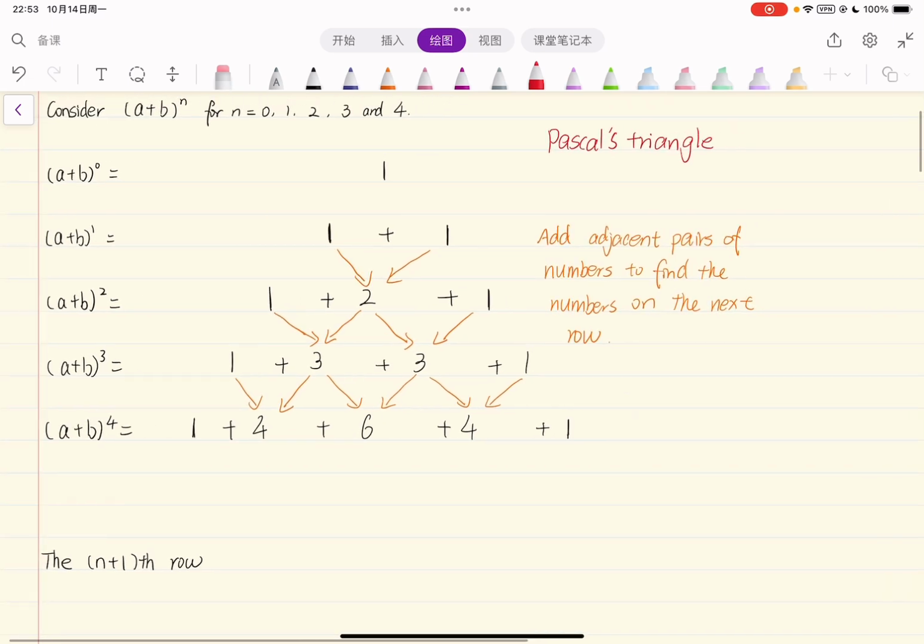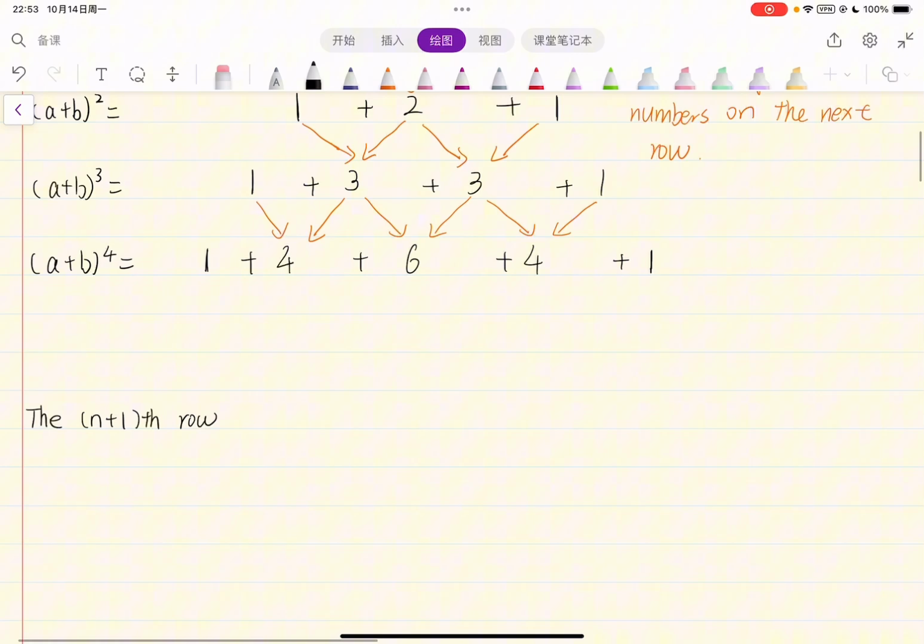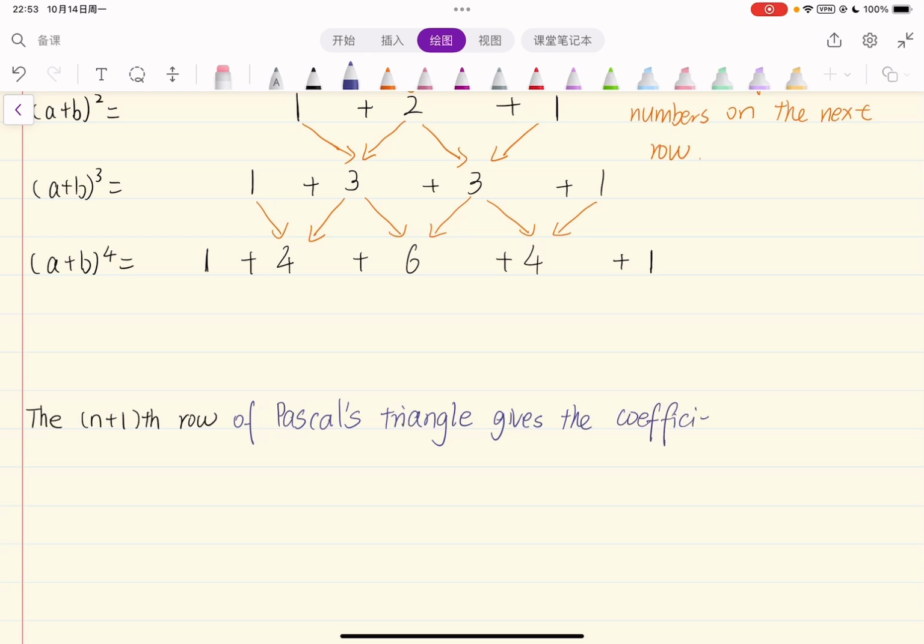So we can see that the (n + 1)th row of Pascal's triangle gives the coefficients in the expansion of (a + b) to the power of n.